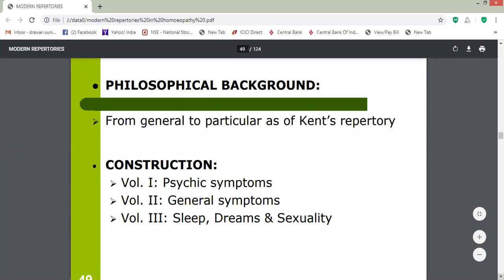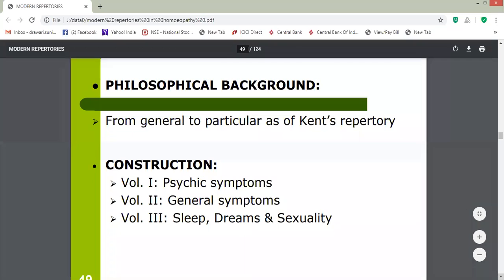In the first volume, we find all the psychic symptoms, or the symptoms related to the mind. Then in the second volume, we find all the physical general symptoms of the synthetic repertory. And in the third volume, we find the rubrics related to sleep, dreams and sexuality.